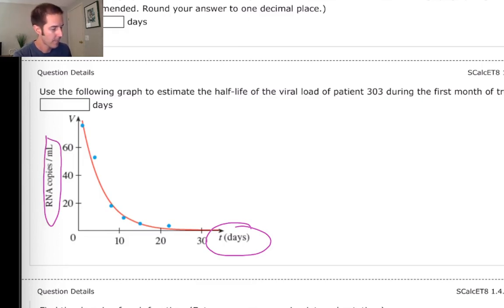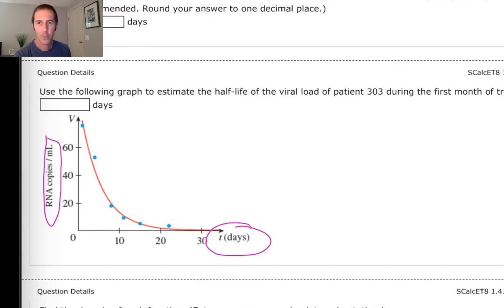We're estimating the half-life of the viral load. RNA copies per milliliter must be an indicator or a measurement of viral load. All right, I'm not a virologist, so I don't know, but that's my guess. And the question is to estimate the half-life. Half-life is the amount of time after which half of an amount has evaporated or deteriorated.